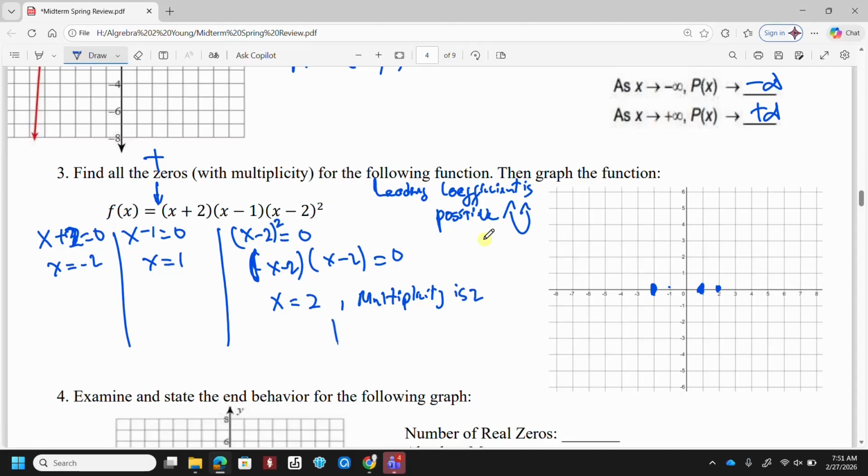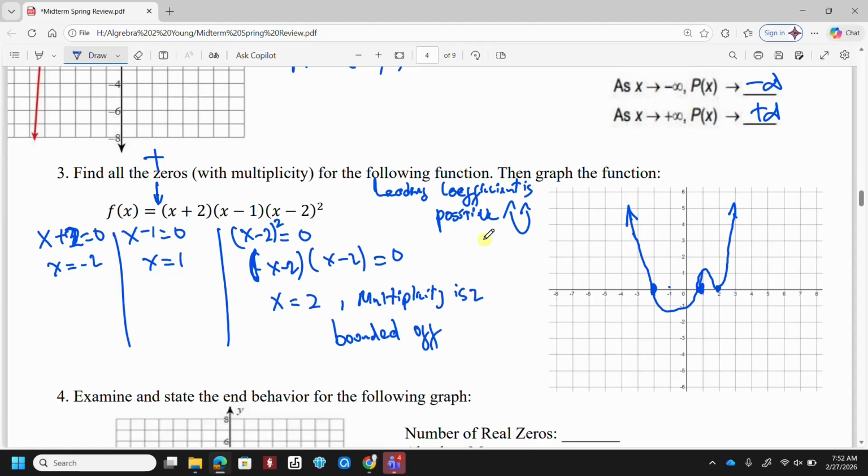So we know this is going to bounce off right here, because the multiplicity is 2. We can draw, for example, again, it doesn't have to be exact, something like that, and you go down, you bounce off, so you're going to be like that.